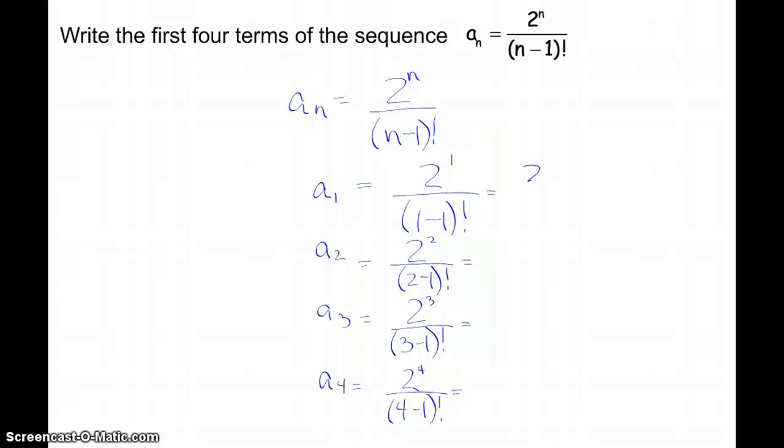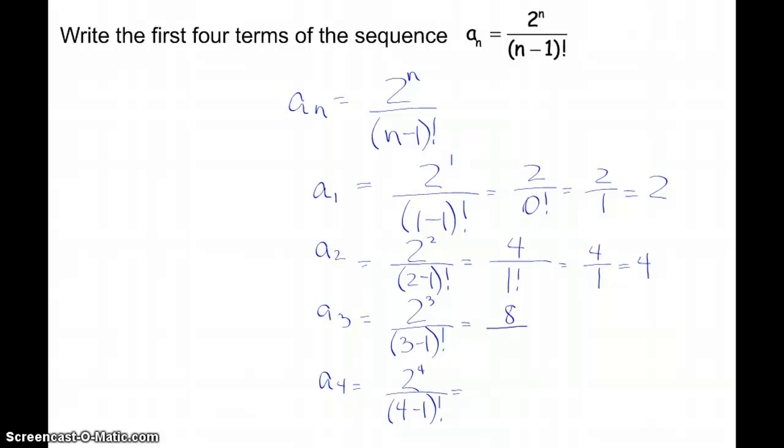So this is 2 over 0 factorial, which as we just learned is 2 over 1. So the first element, the first term in the sequence is 2. This is 4 over 1 factorial. 1 factorial is also 1.